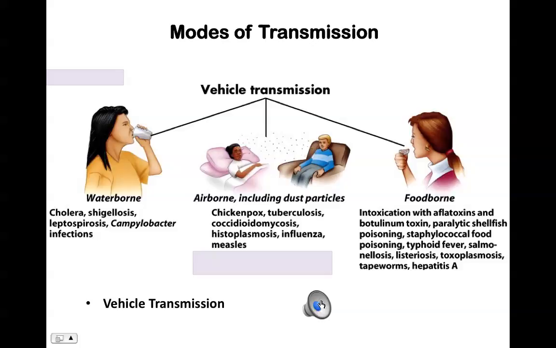Vehicle transmission would include water, air, and food. In addition to water, air, and food, we could even include things like injectables, IV solutions, essentially anything else that is not a person for contact transmission or an insect for vector transmission.